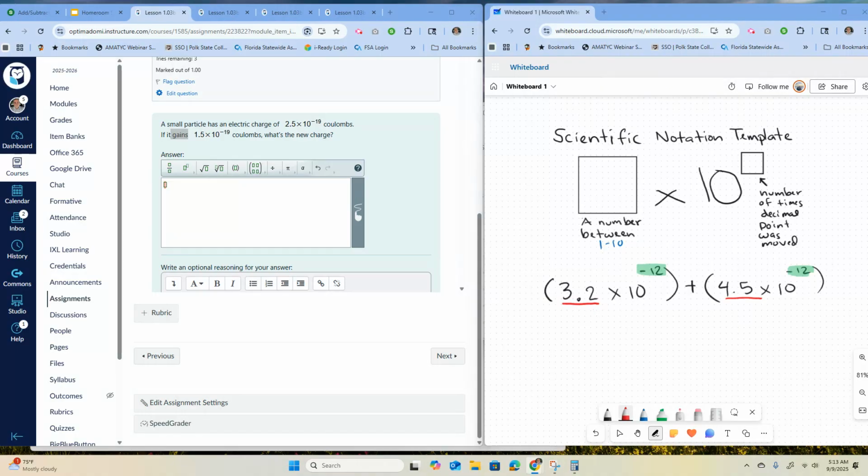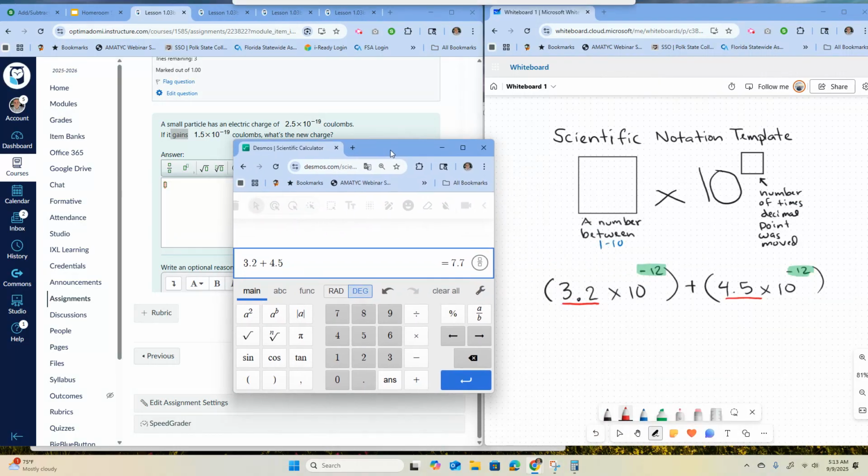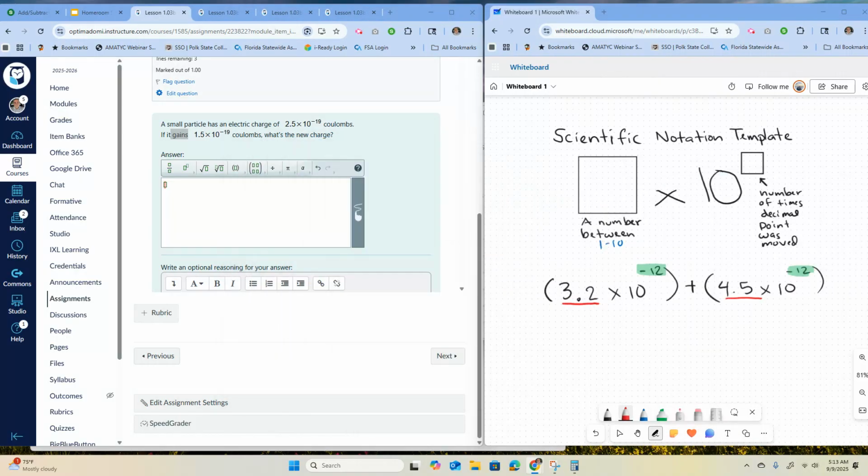Take your calculator, and when you add 3.2 with 4.5, look what I got in my calculator. 7.7. So write your answer, the ones that I underlined in red that you added, 7.7. And what you're going to do now is keep the times 10, and you keep the same exponent. And that's how you do problem number 3.